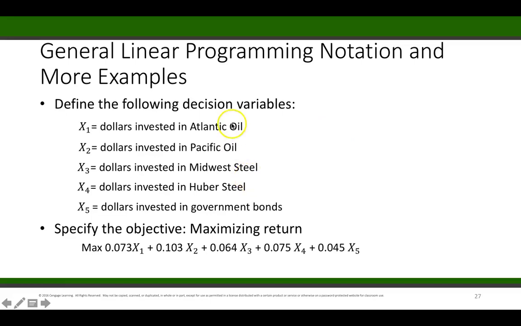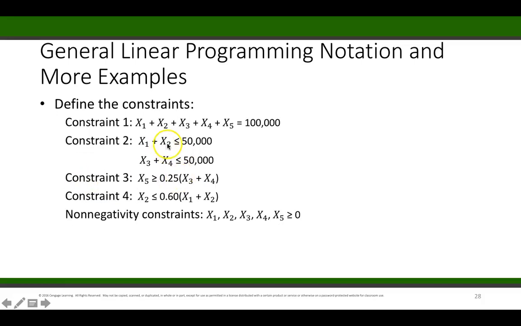So total amount invested in oil is X1 plus X2 dollars, and total amount invested in steel is X3 plus X4 dollars. So X1 plus X2 cannot exceed 50,000, and X3 plus X4 cannot exceed 50,000. Do you see that? And this is a constraint for oil, and this is a constraint for steel.